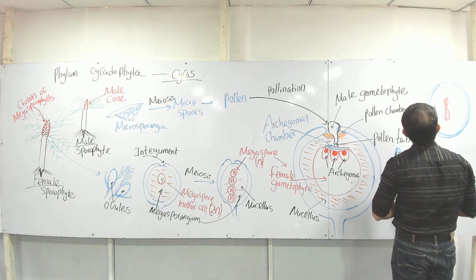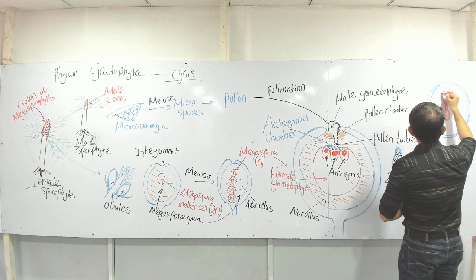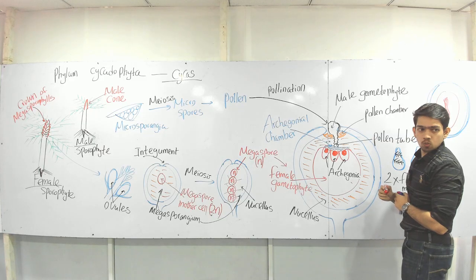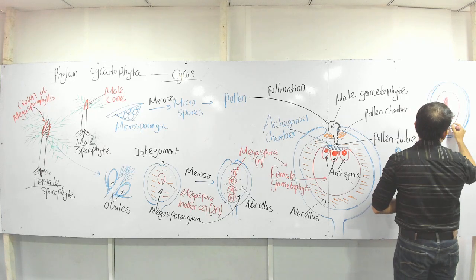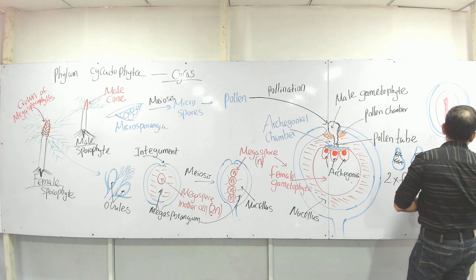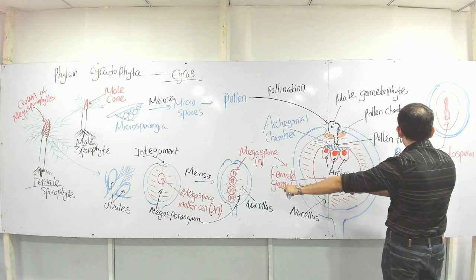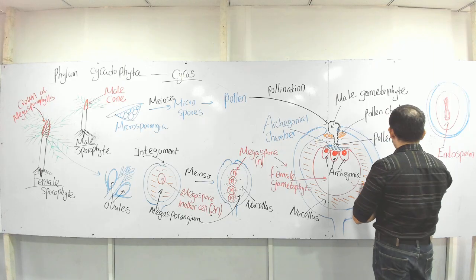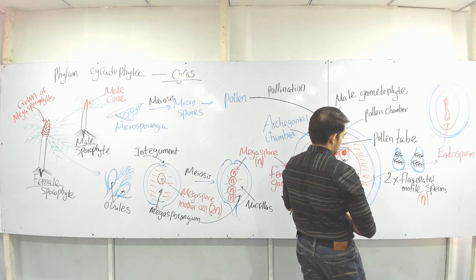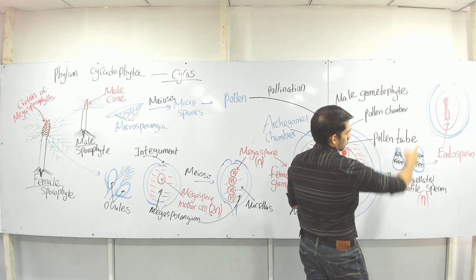Embryo. The female gametophyte surrounding it is known as what now? Endosperm. What becomes what is very, very important. Female gametophyte becomes the endosperm. Right? Female gametophyte becomes the endosperm. Embryo.